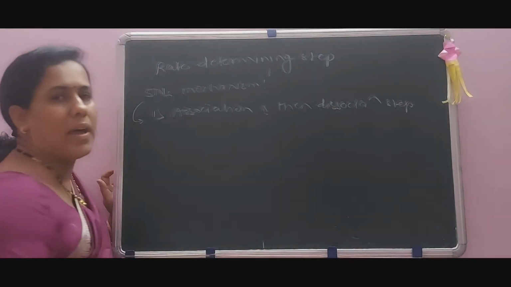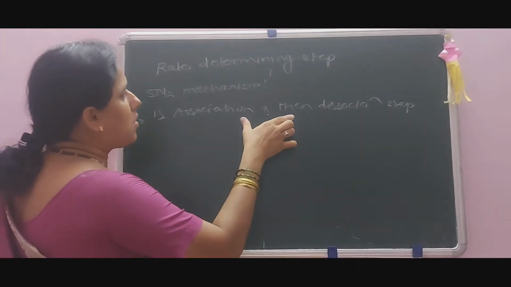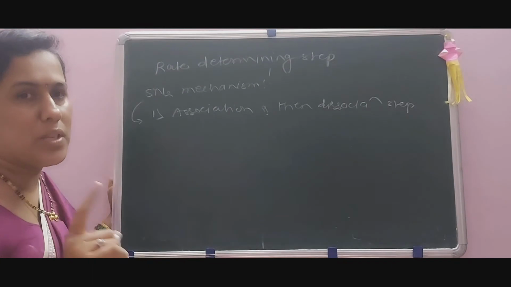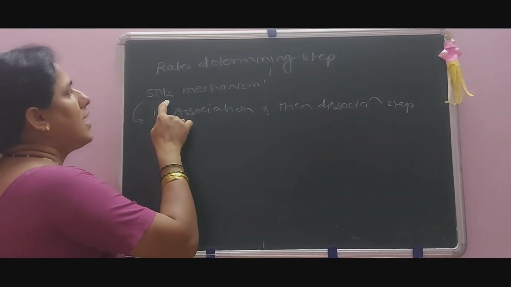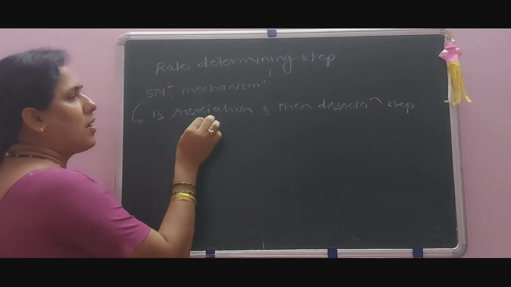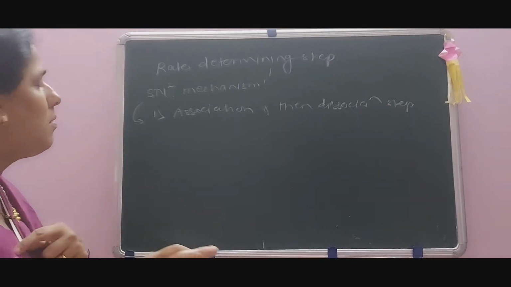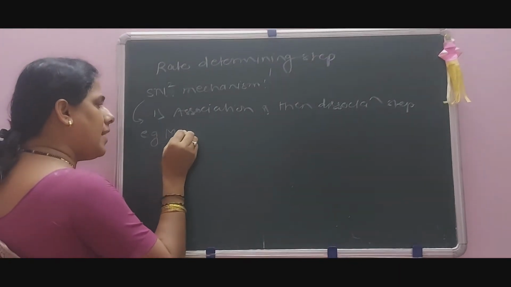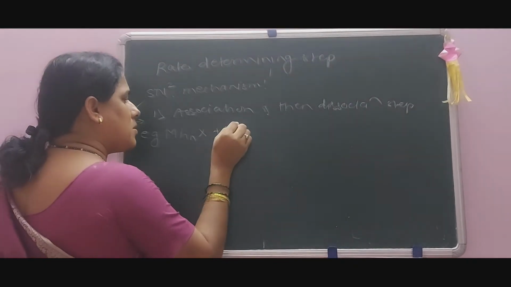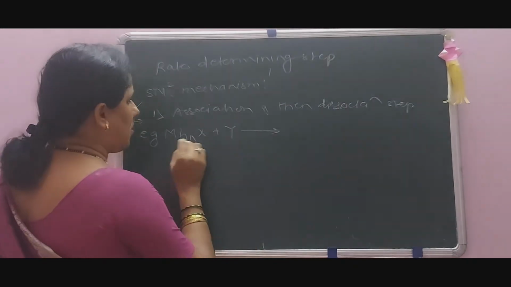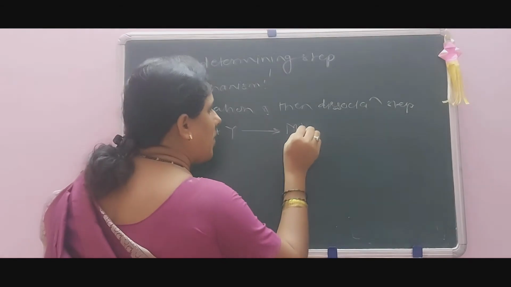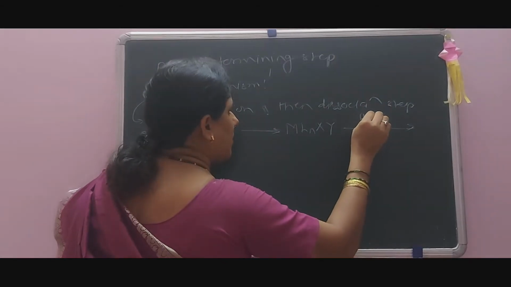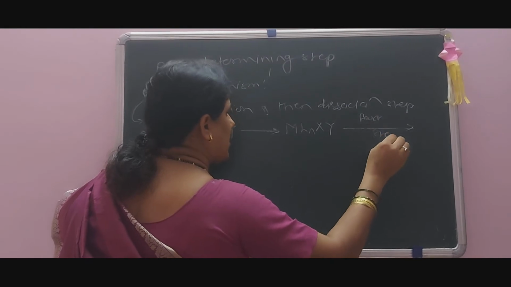All of you students, my request is that you have to remember what the first step is in SN1 or dissociation, and what the first step is in SN2 reactions or the association mechanism. For example, here M ln X plus Y forms a 7-membered M ln X Y in the first step.